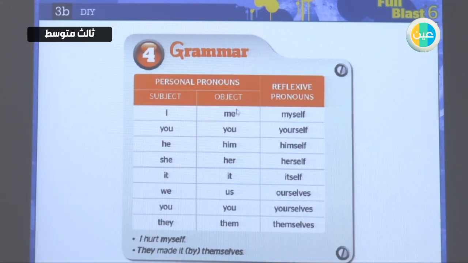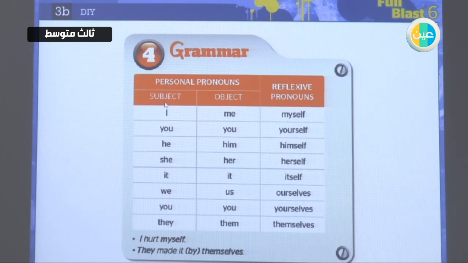Now, for example, let's say she cleaned the room. She cleaned her room. Look at her. Now, look at the third column here, the reflexive pronouns. Reflexive pronouns usually show that an action or a verb returns to the person who does it, which is the subject.